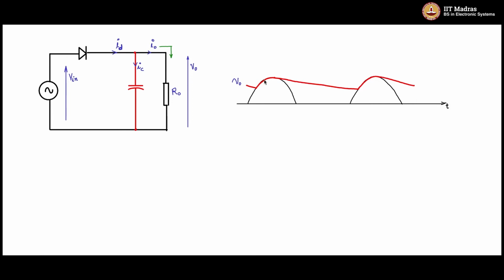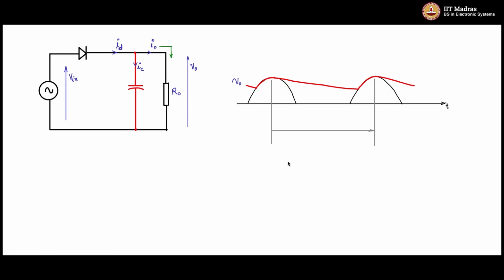Now let me mark off these 2 points. The peak of the input sine here occurs. So this is one marker, and there is another marker at the next peak here. Peak to peak is one period, isn't it?